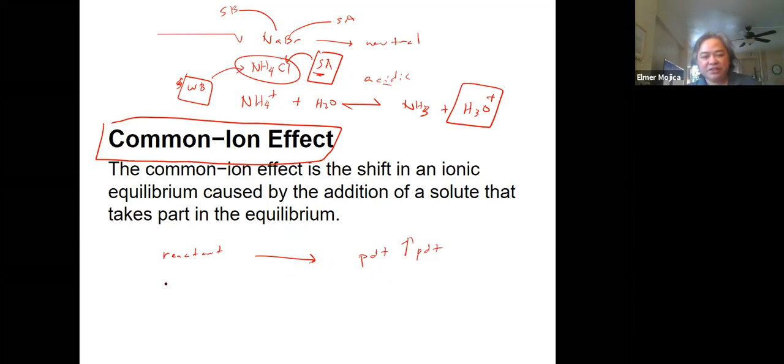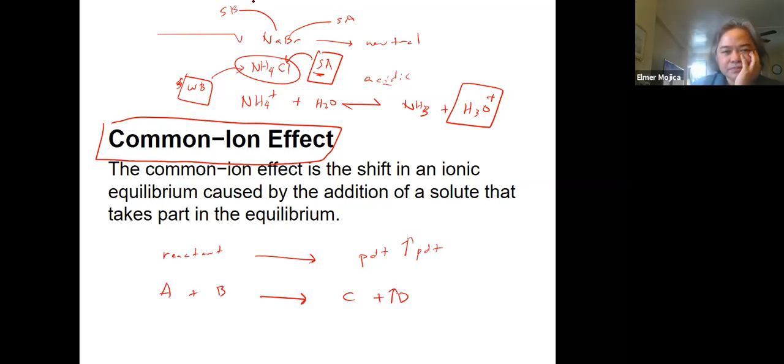If I have this system, A plus B producing C plus D, and I add more D, what happens to the system? What happens to the system when I add more of the product?